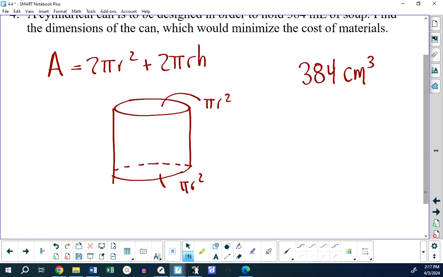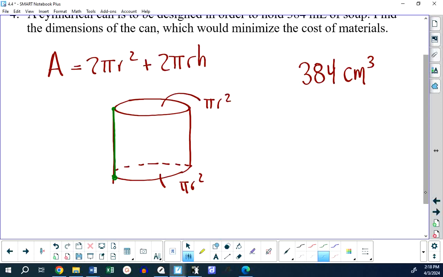The 2 pi r h comes from the fact that if you were to cut the top and the bottom off and discard them, you would be left with a tube. But a tube is a rectangle.